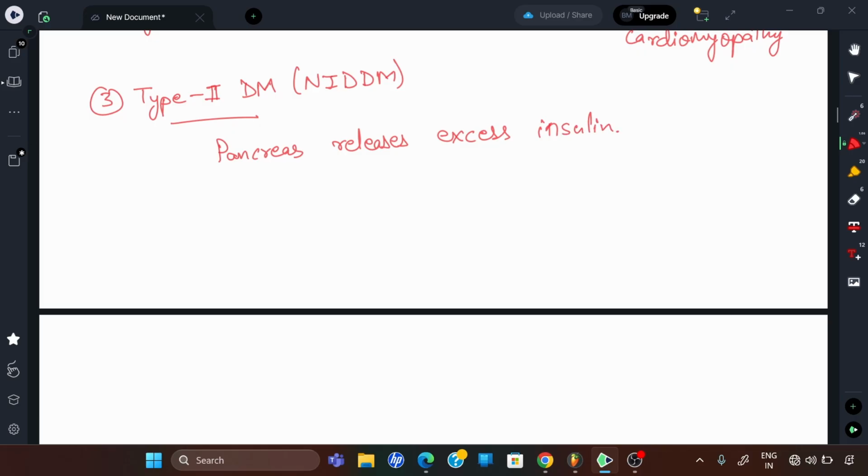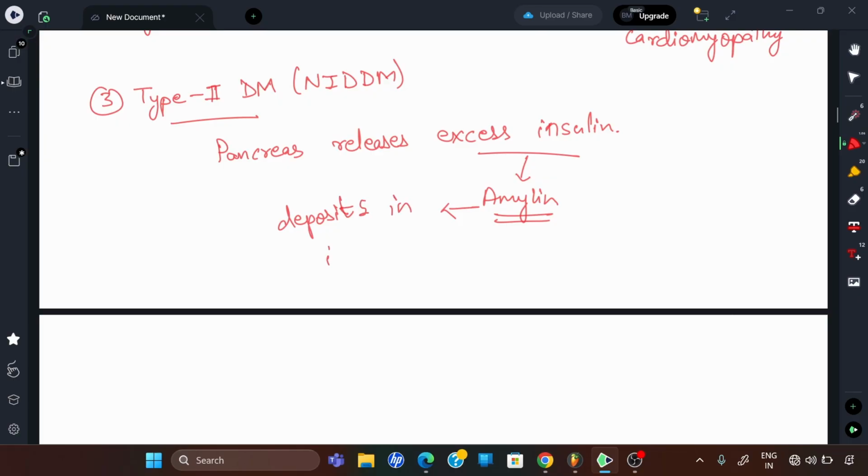So what happens as a result is that a byproduct is formed due to this excess insulin, and the byproduct is known as amylin. This amylin is a misfolded protein, and this will be depositing in the islets present within the pancreas, right?